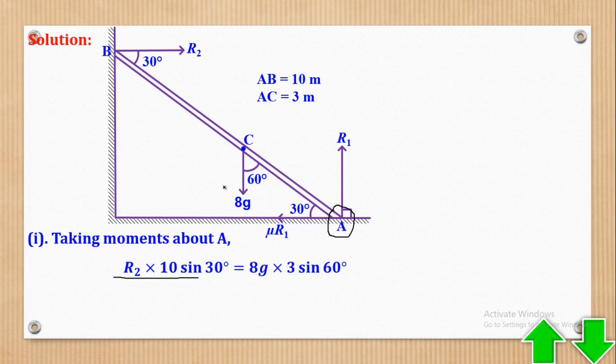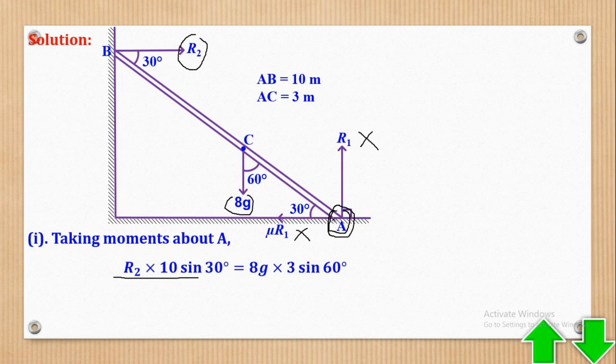Then next is to remember that any force whose line of action passes through the pivot has 0 moment. So if I stand here, if I use this as my pivot, it implies that this force has 0 moment, so I'll cancel it off, and this force has 0 moment because their line of action passes through the pivot, as you can see here. So we are left with this and this.